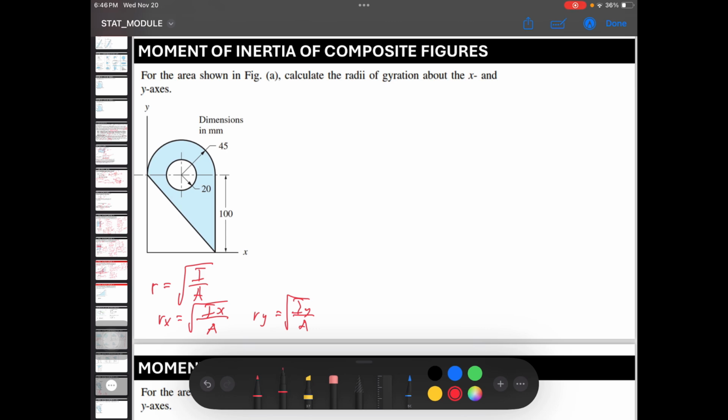Unahin natin siya. So, let's get yung moment of inertia along x-axis, along x-axis sa buong figure.